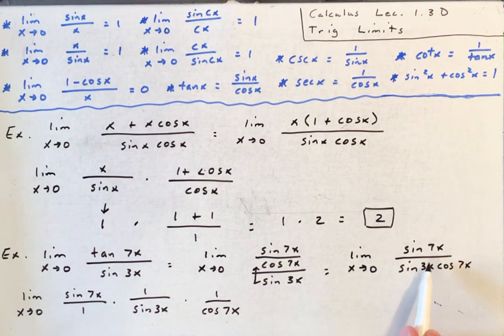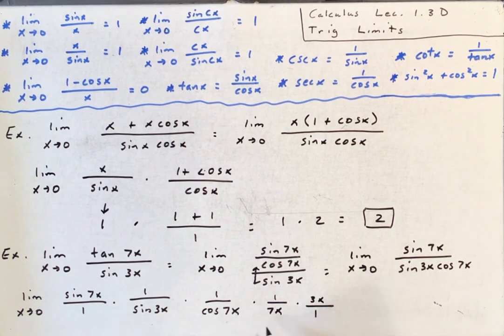That's the exact same thing as this, right? Now I know what I need to put in, though. I know I need a 7x right here, so let's multiply by 1 over 7x. I know I need a 3x on top, so 3x over 1. Now I've multiplied by 3/7, so if I multiply something by 3/7, I've got to compensate by multiplying by 7/3.